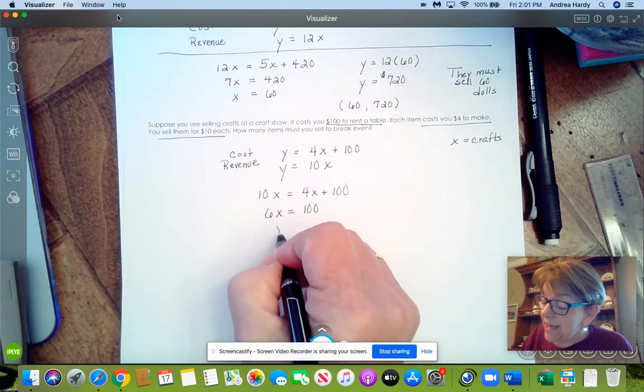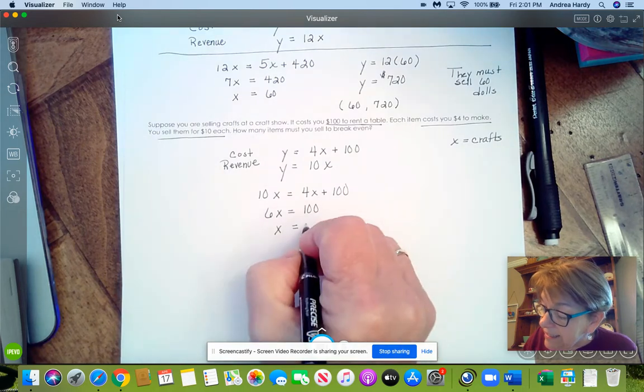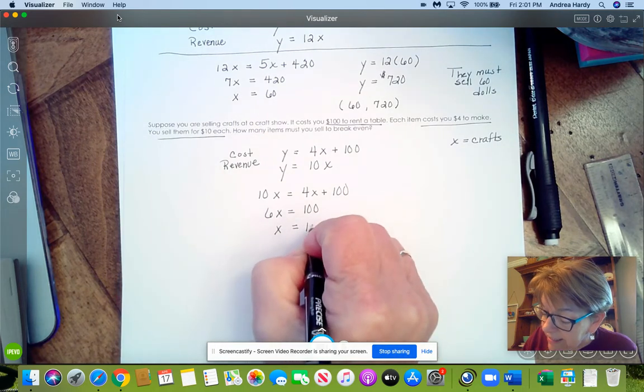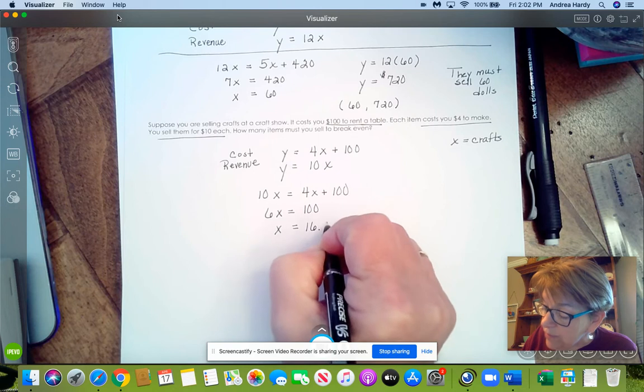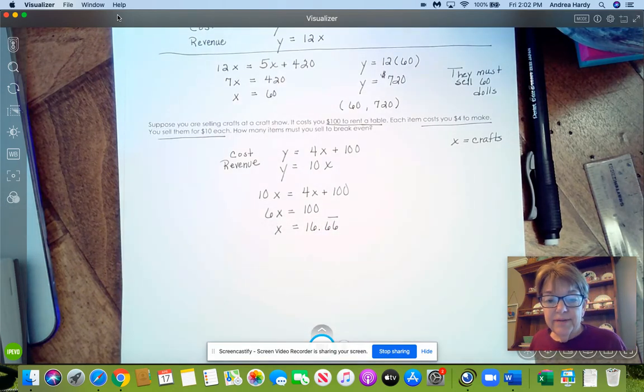Now, when I divide both sides by 6, it's not going to be even. And I get x is equal to 16.66 repeating. All right? So when I sell 16 and 2/3 of a craft, it is going to break even.